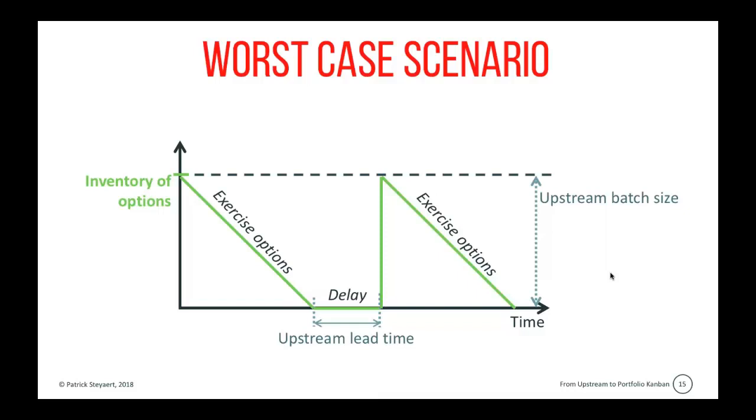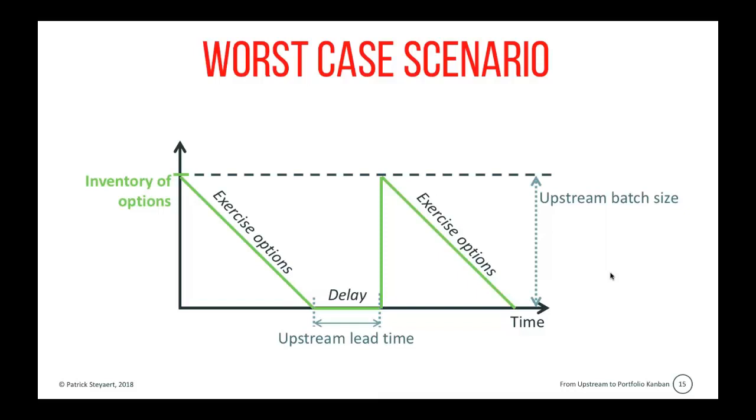Now, not every organization experiences this problem at the same level. Obviously, the bigger the upstream lead time and the bigger the upstream batch size, the more this problem is experienced.